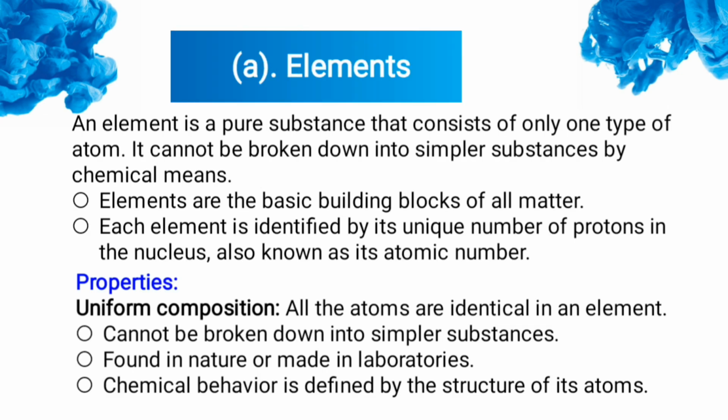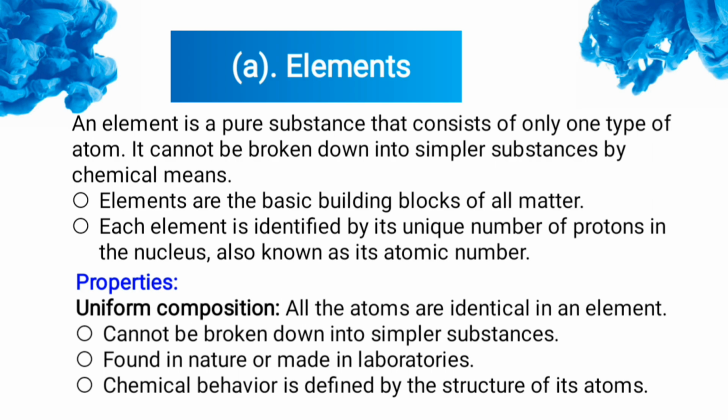An element is a pure substance that consists of only one type of atoms and cannot be broken down into simpler substances by chemical means. Elements are the basic building blocks of all matter. Each element is identified by its unique number of protons in the nucleus, also known as its atomic number.